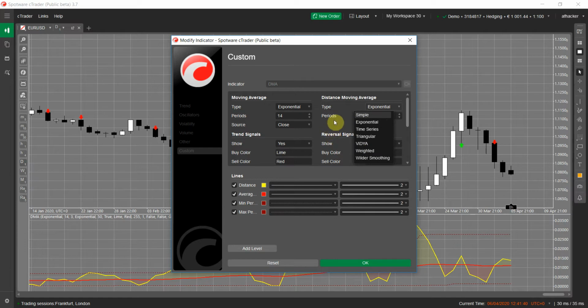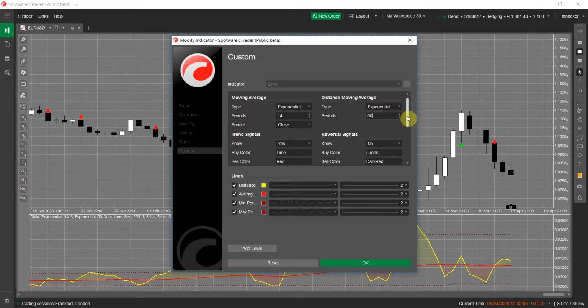It's a very important one, and all the other indicator functionalities, like the signals, are based on this one. The period parameter of the distance moving average is not related to the first moving average, so you can set it to any number independently from the moving average.